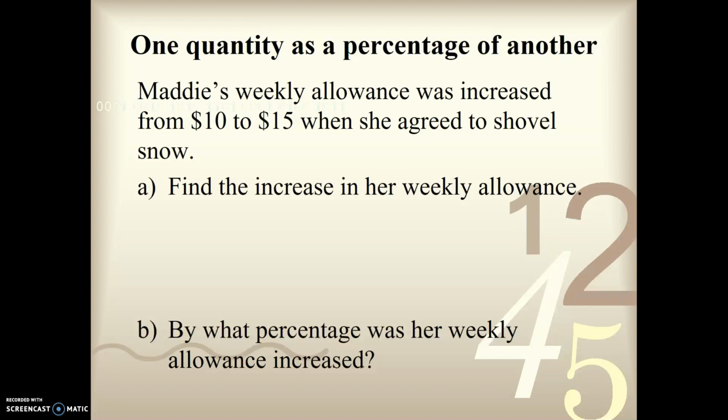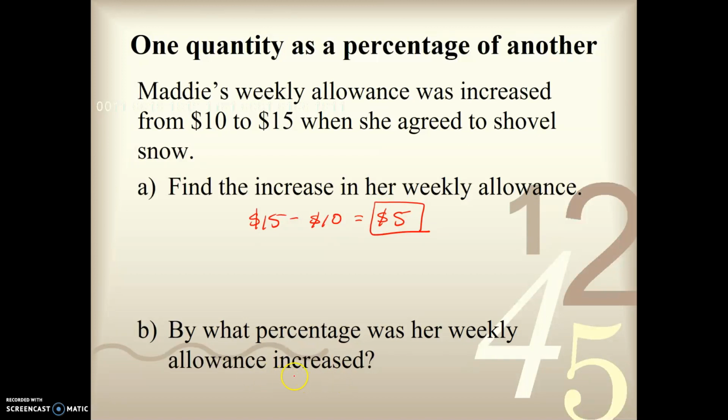All right, Maddie's weekly allowance was increased from $10 to $15 when she agreed to shovel snow. Letter A, find the increase in her weekly allowance. So the increase is just the new amount minus the old amount. So 15 minus 10. So her increase was $5. And then it says by what percentage was her weekly allowance increased. So this is a change over original still.